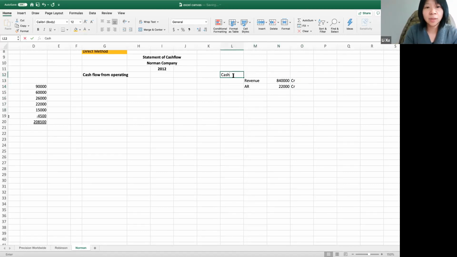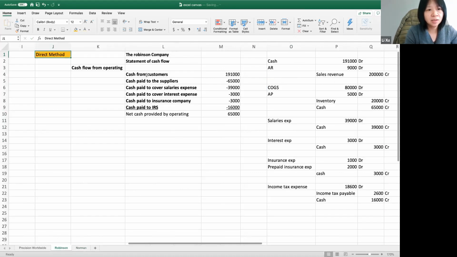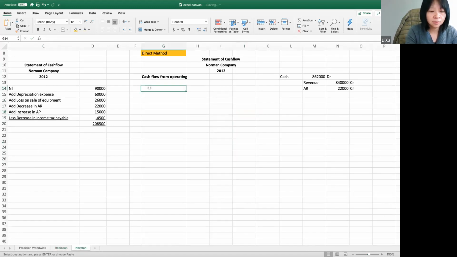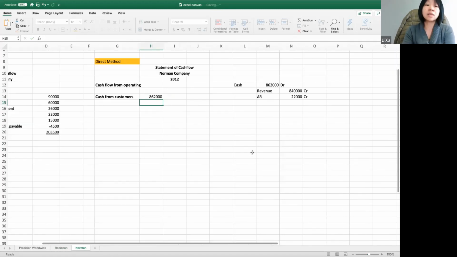Cash. Cash has to be the plug-in number here, so that's a debit. You're just going to write this as cash from customer. That's how much money you receive from the customer.